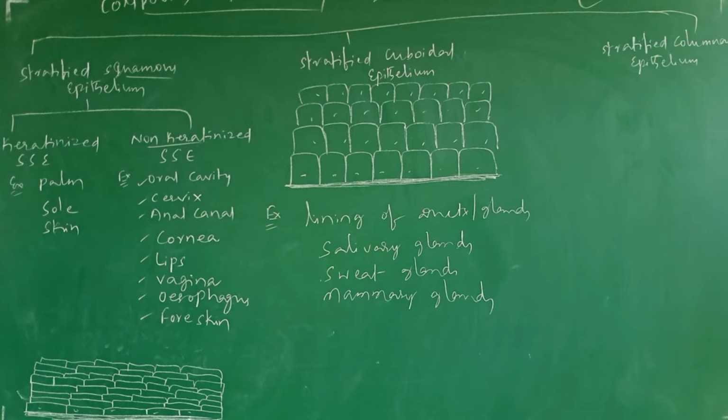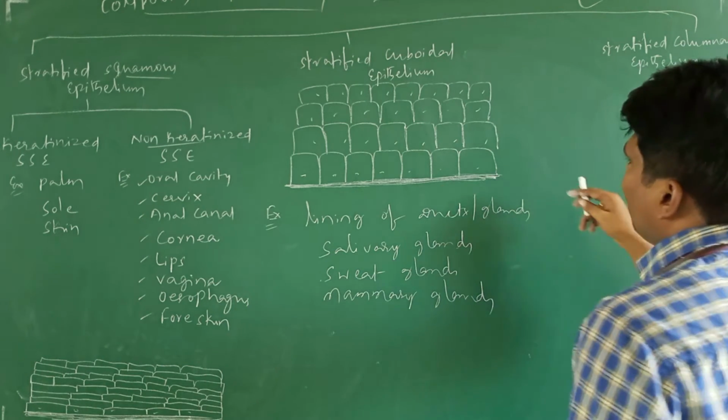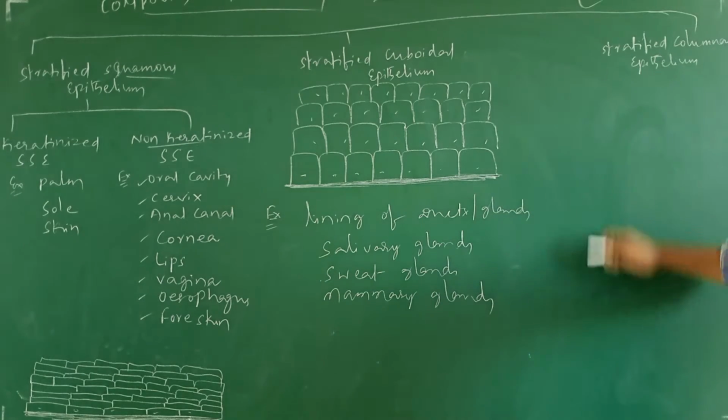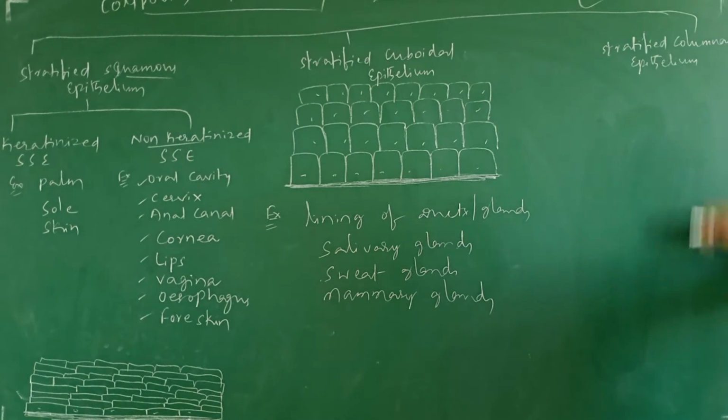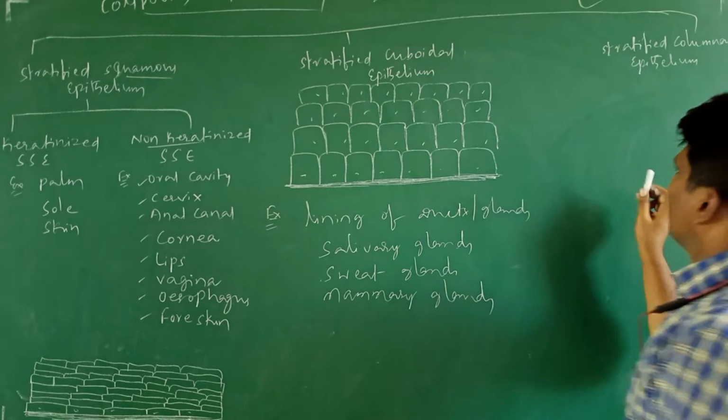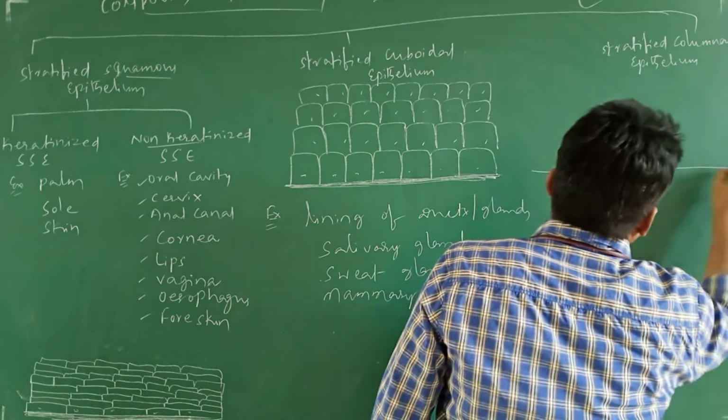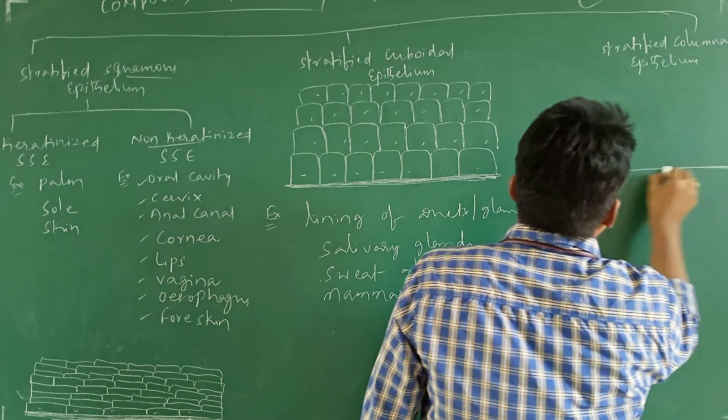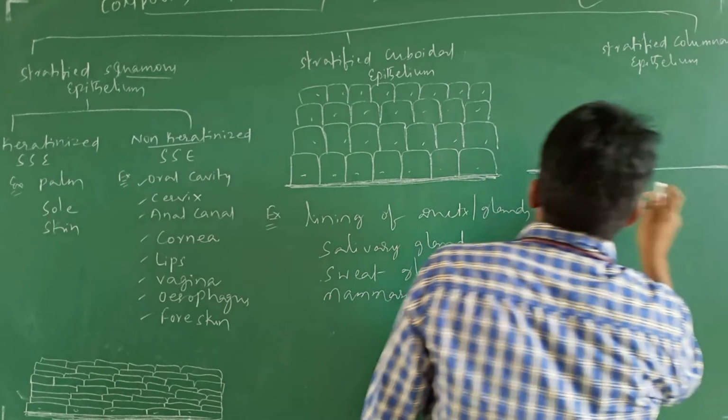Okay, next, stratified columnar epithelium. How does the stratified columnar epithelium present? I already told you, these are long cylindrical cells, located on the basement membrane.